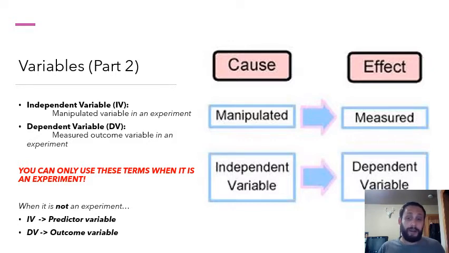Now, make sure you remember these for the test because I really am a big stickler about this. Remember? If it's an observational study of some sort, it's called a predictor variable. If it's an experimental study, it's called an independent variable. And same with the dependent variable, which is used only for experimental studies, and outcome variable is used for observational studies.